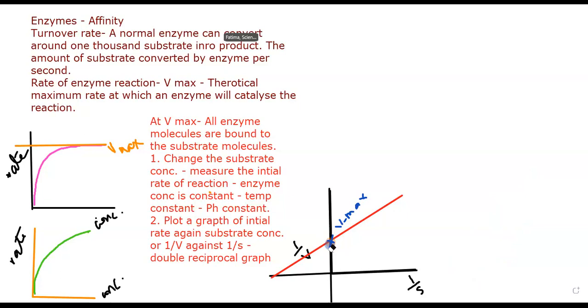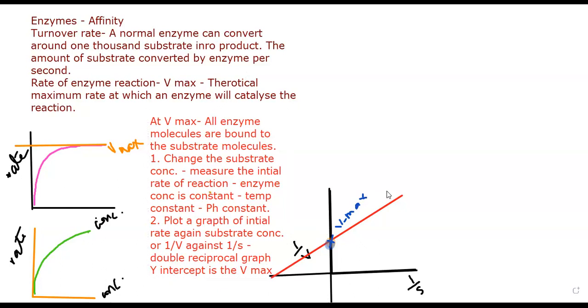That's the theory behind it, but if you find that the theory is too confusing, you can just remember that this point, the y-intercept, when your 1 upon s is 0, that is the point at which you can now obtain your Vmax. So your y-intercept is going to be acting as your Vmax, and we can write that down. Your y-intercept is the Vmax.